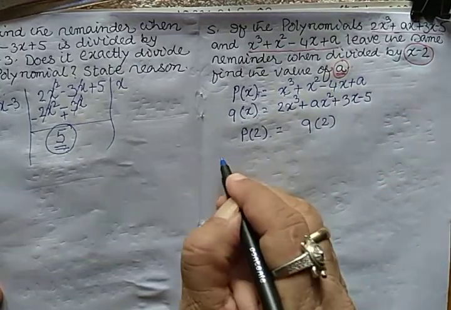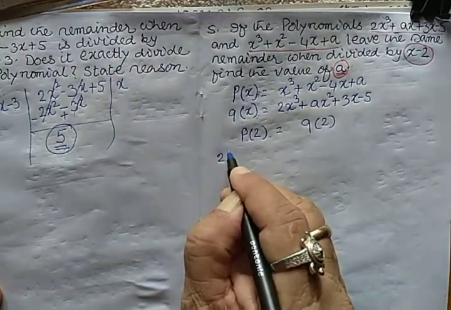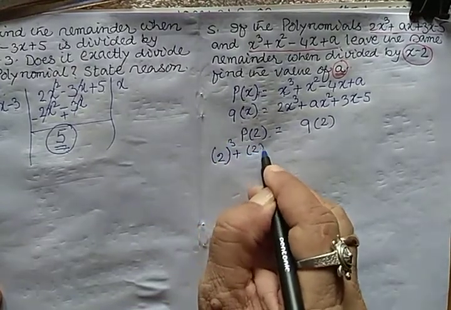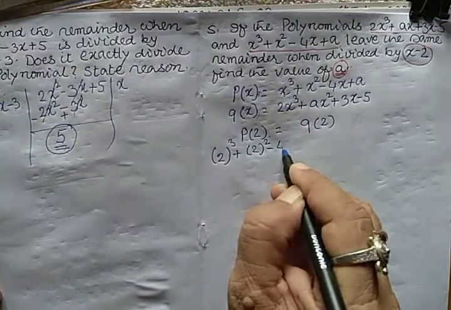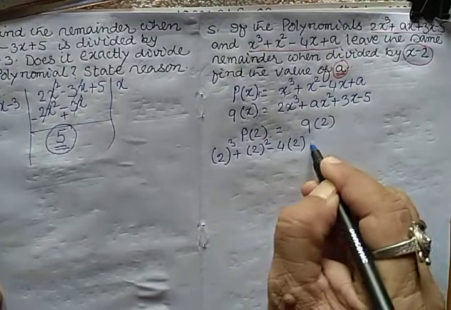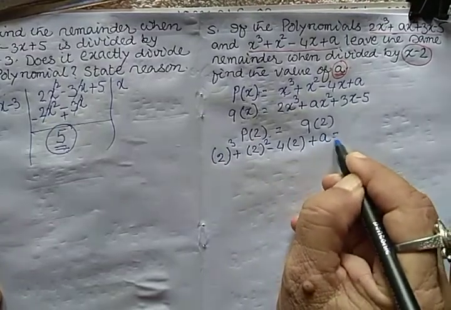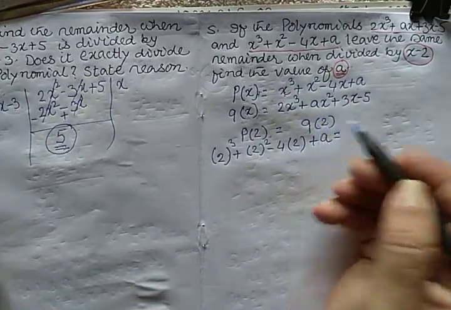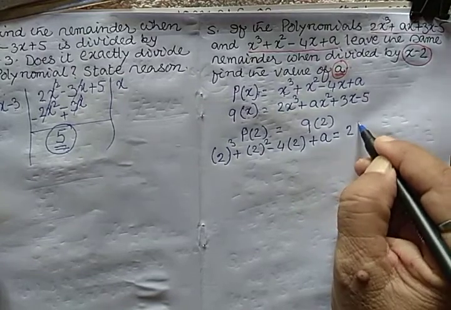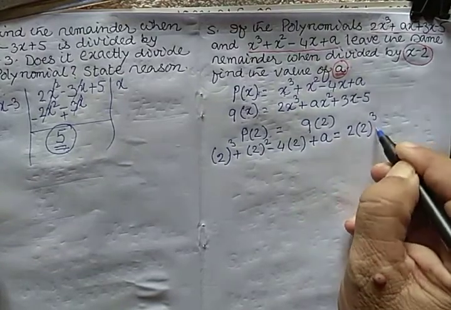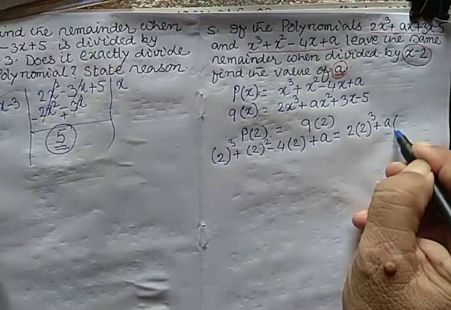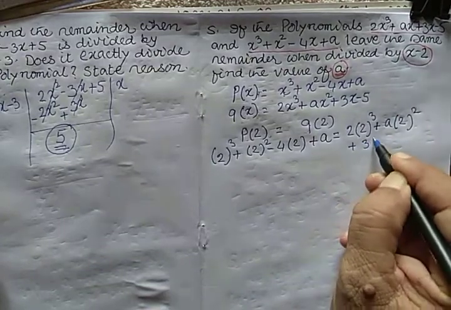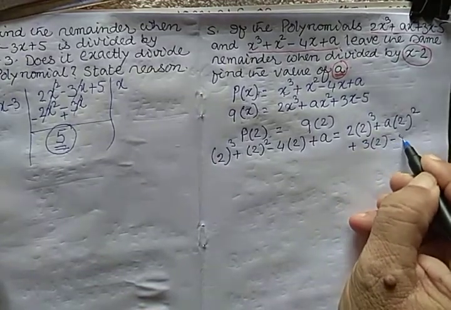That means p(2) will become 2 cube plus 2 square minus 4 into 2 plus a, is equal to q of 2. That means 2 into 2 cube plus a into 2 square plus 3 into 2 minus 5.